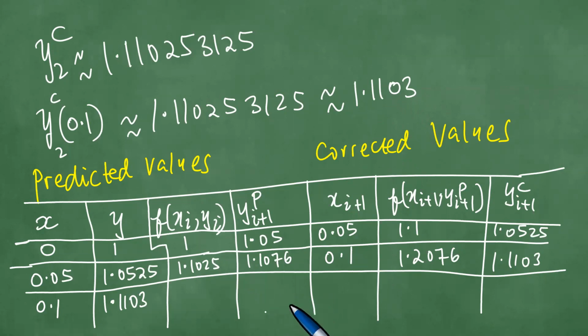Okay, this is the table, and this is the answer. The calculations can be summarized in this table, divided so that you have the predicted and the corrected. Right, let's look at just one more problem and then we go to the exam.